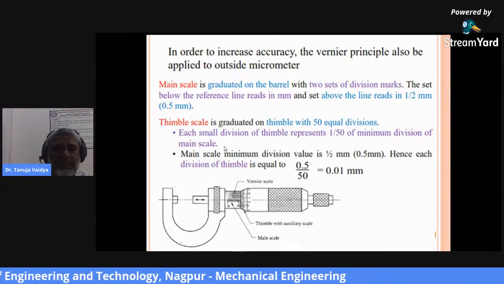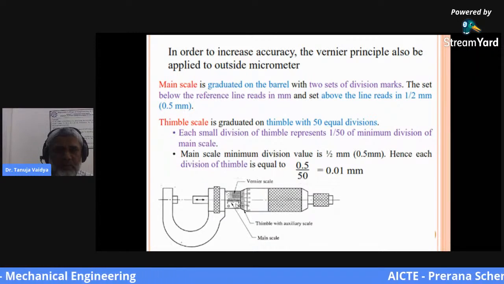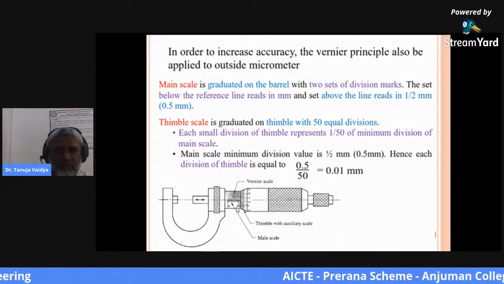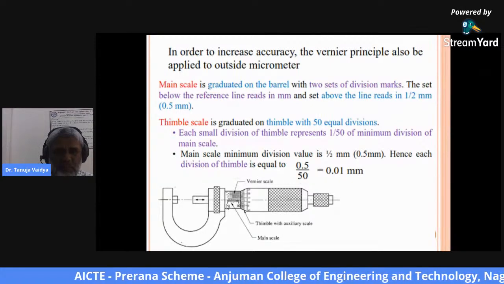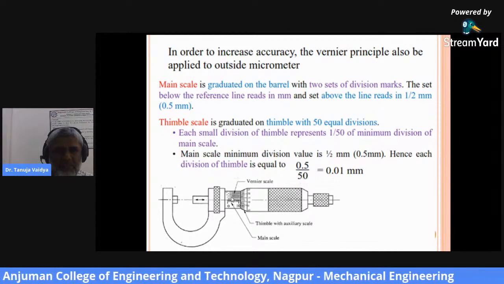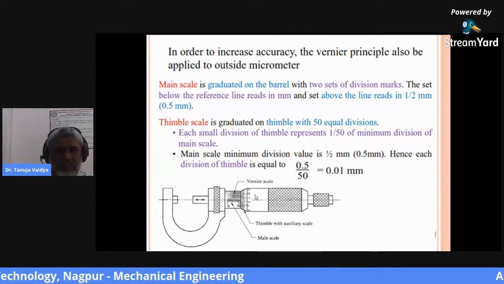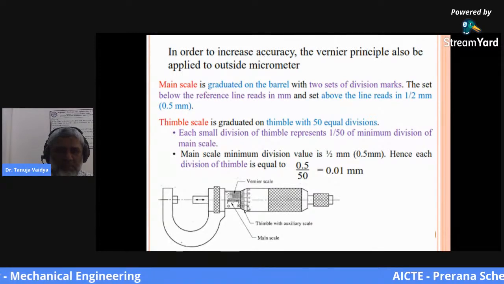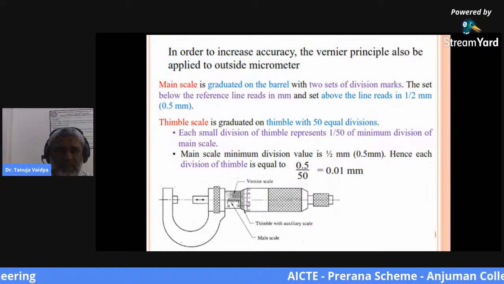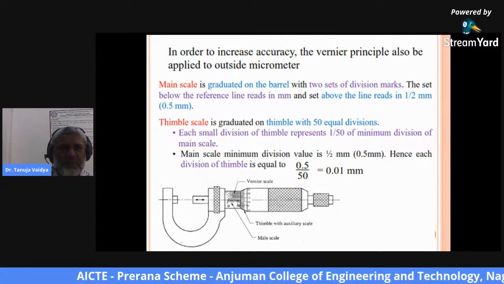This is the main scale of the micrometer, graduated on the barrel with two sets of division marks. The set below the reference line reads in mm, and the set above reads in 0.5 mm. The thimble scale is graduated with 50 equal divisions. Each small division of the thimble represents 1/50 of the minimum division of the main scale.